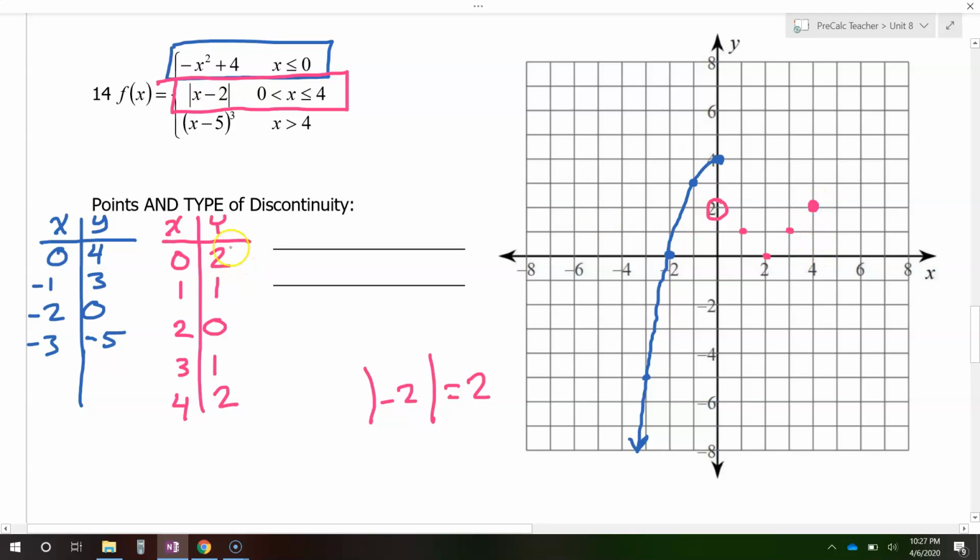Now 4, 2 is going to be a closed circle because of the or equal to sign. X is less than or equal to 4. That means the 4 gets included, so the point 4, 2 will be a closed circle. All right, so we'll just connect the dots, and that will be it for this piece of the piecewise function.